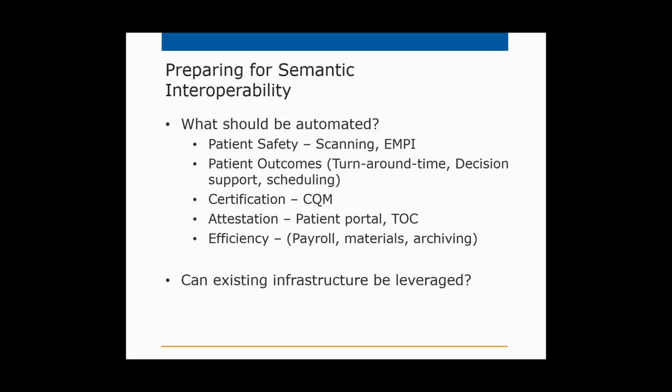You have registrars who perhaps are creating new medical record numbers at registration because they don't realize that there's a match. You've got duplicate records out there. This is a patient safety issue. So that's something you might want to tackle first. Scanning, barcode scanning, again, a patient safety issue. Depending on your situation, those may be your priority items.